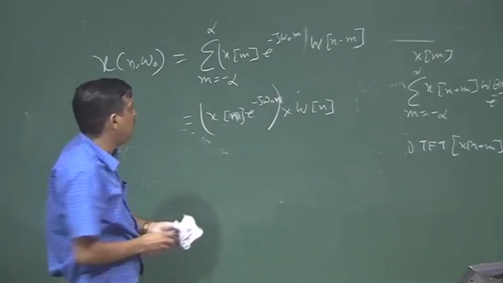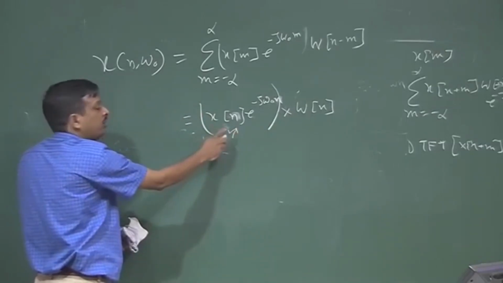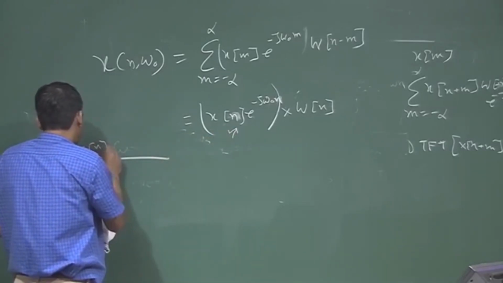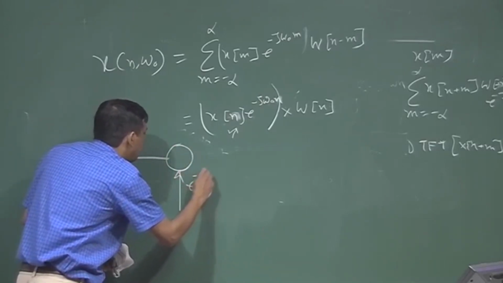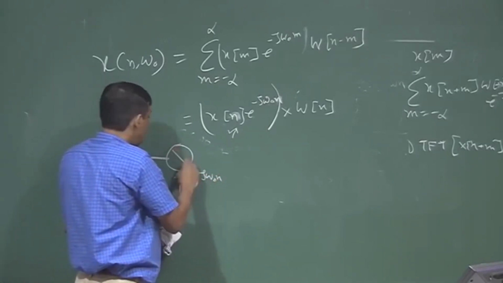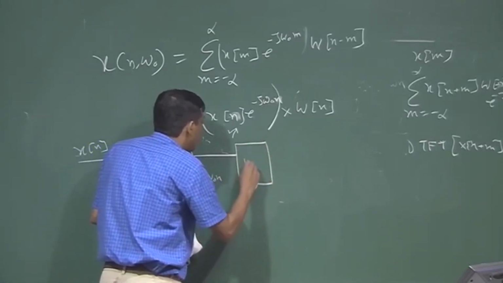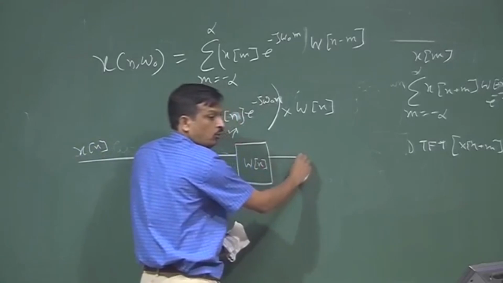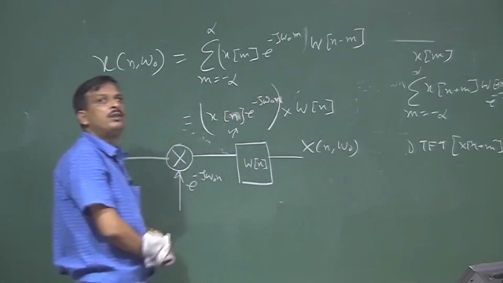So, I draw the system diagram: my x[n] is coming, it has to be modulated by e to the power minus j omega 0 n at a particular frequency. Modulation means multiplication. Then it has to be passed through a system whose filter impulse response is w[n], and I get the output, which is the fixed-time response for a particular frequency.